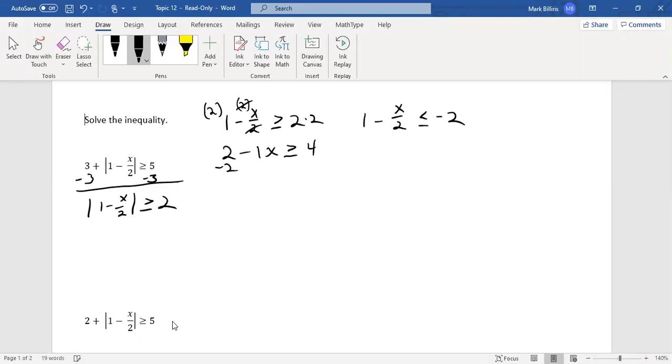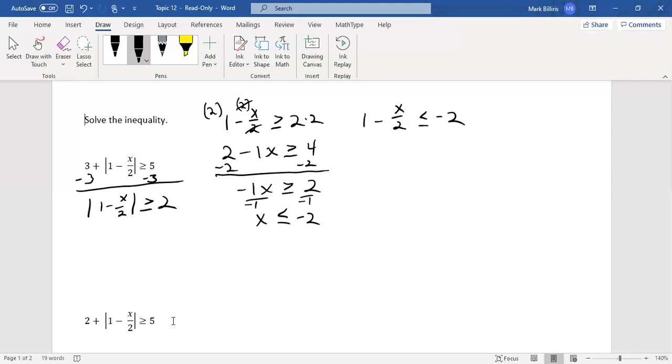So we're going to subtract 2 from both sides, and that leaves us with -1x is greater than or equal to 2. Now our last step is to divide by a -1. Remember, when we divide by a negative or multiply through by a negative in inequalities, the direction of the inequality symbol changes. So we're dividing by a -1, so x would be less than or equal to -2.